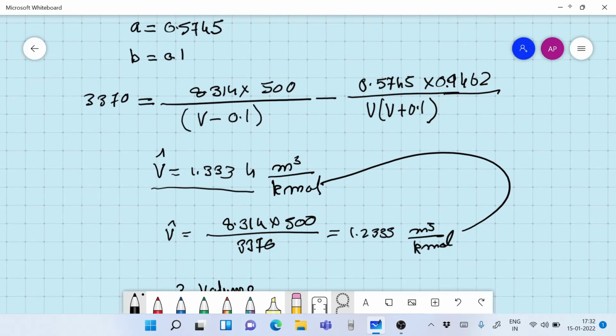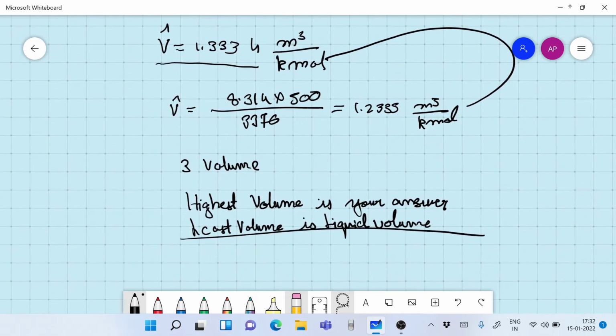When you solve it the way we solved it in the calculator, you would most probably get the highest volume and the one which is real. Now that's the answer which you're actually looking for. So this is the shortcut way of doing things quickly.